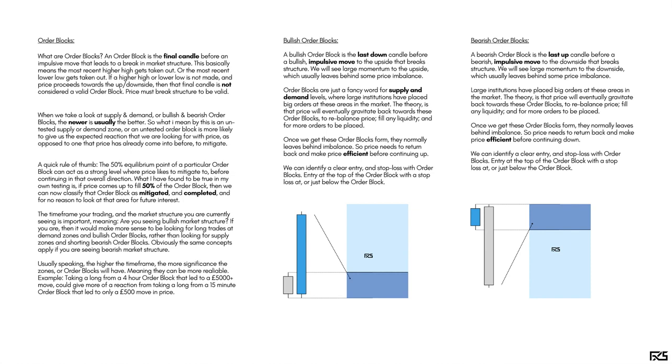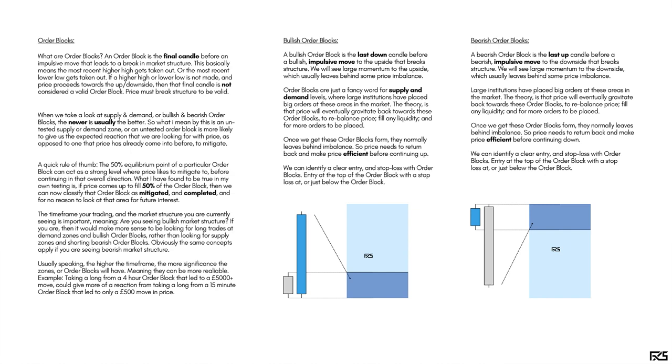Now, the time frame you're trading and the market structure you are currently seeing is important. Meaning, are you seeing bullish market structure? If you are, then it would make more sense to be looking for long trades at demand zones and bullish order blocks, rather than looking for supply zones and shorting bearish order blocks. Obviously the same concepts apply if you're seeing bearish market structure.